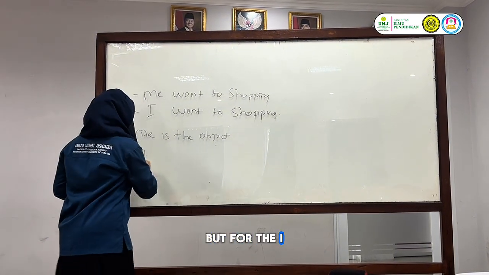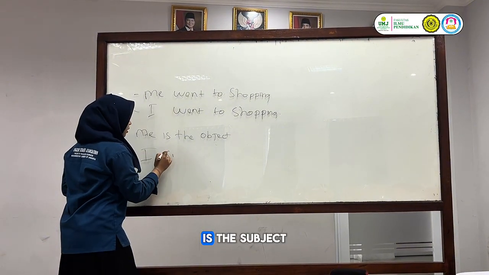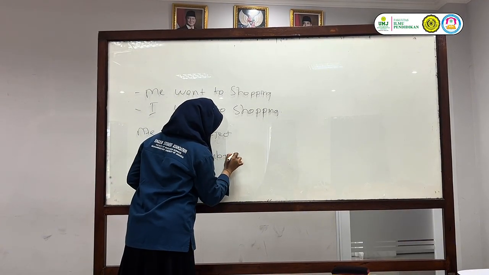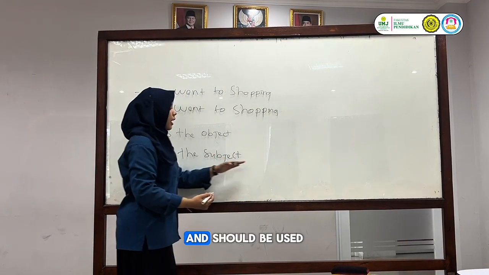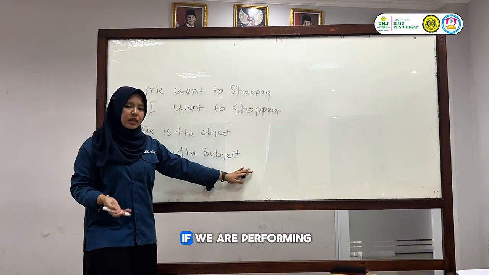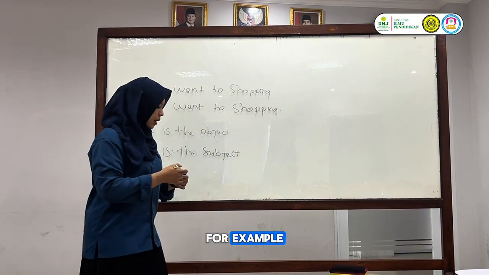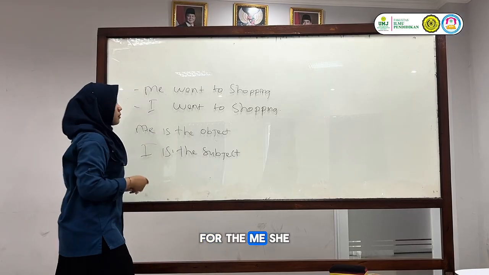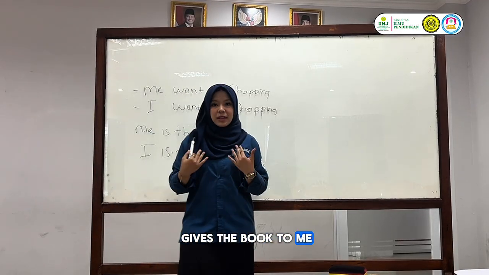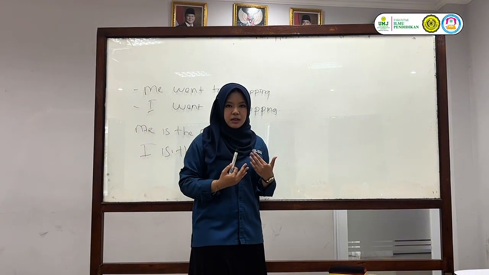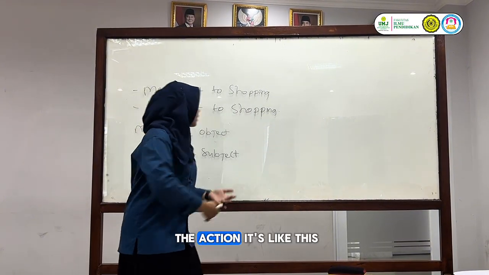But for the I, yeah, is the subject, and should be used if we are performing the action. For example, for the me, she gave the book to me. We are receiving the action. But for performing the action, it's like this.